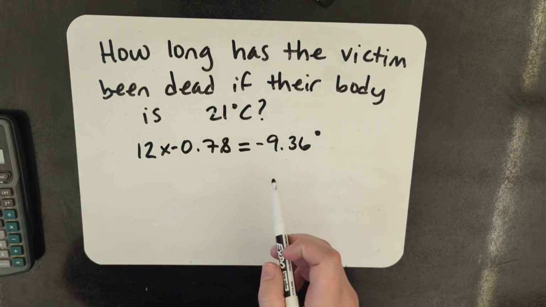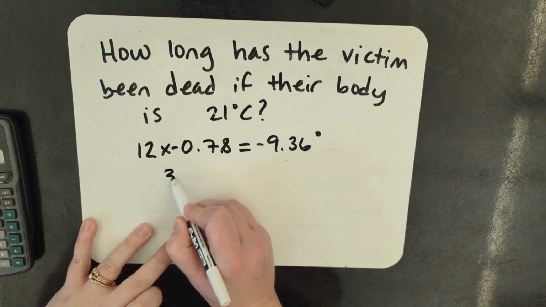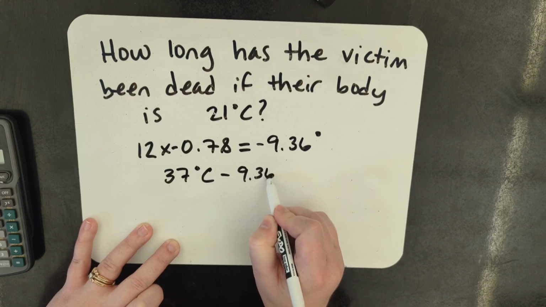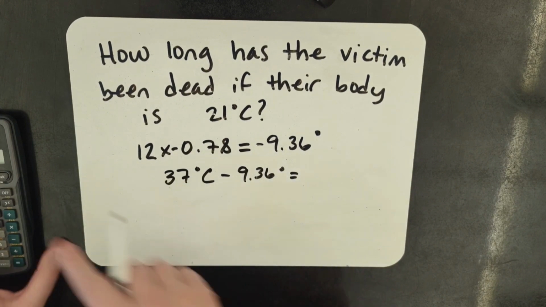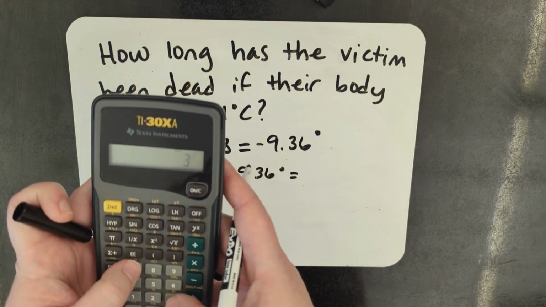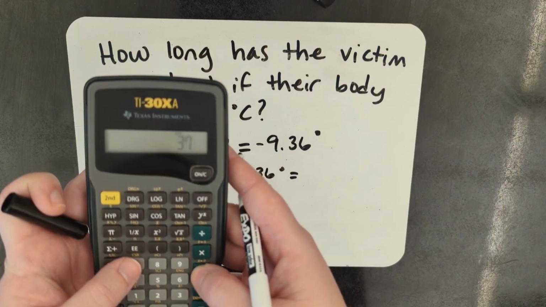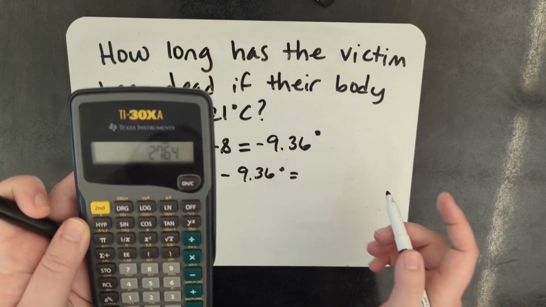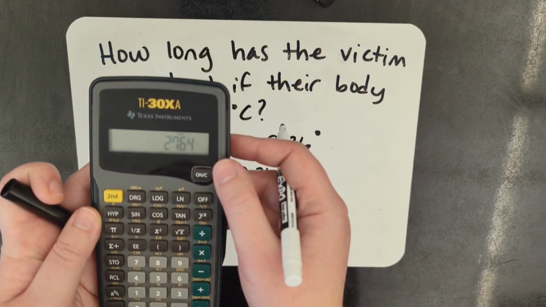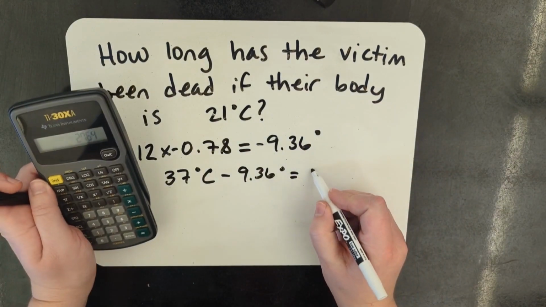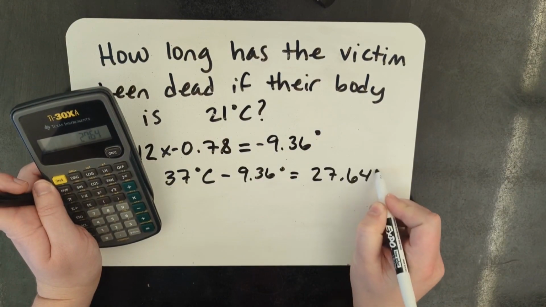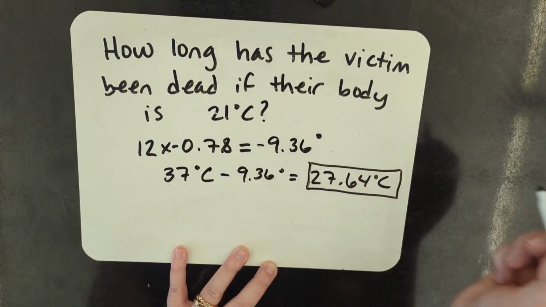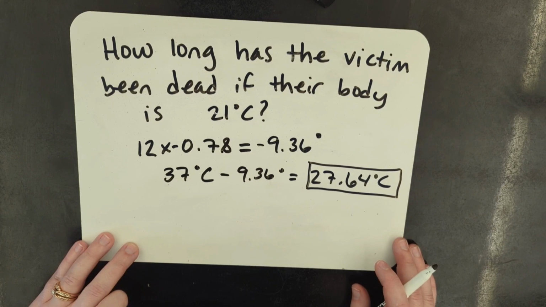So if they're losing 9.36 degrees, we start out with our alive temperature minus 9.36, what do we get? So we've got 37 minus 9.36. Their body temperature after 12 hours is going to be about 27.64 degrees Celsius. This number is very important, and that's something I would recommend writing in your notebooks.